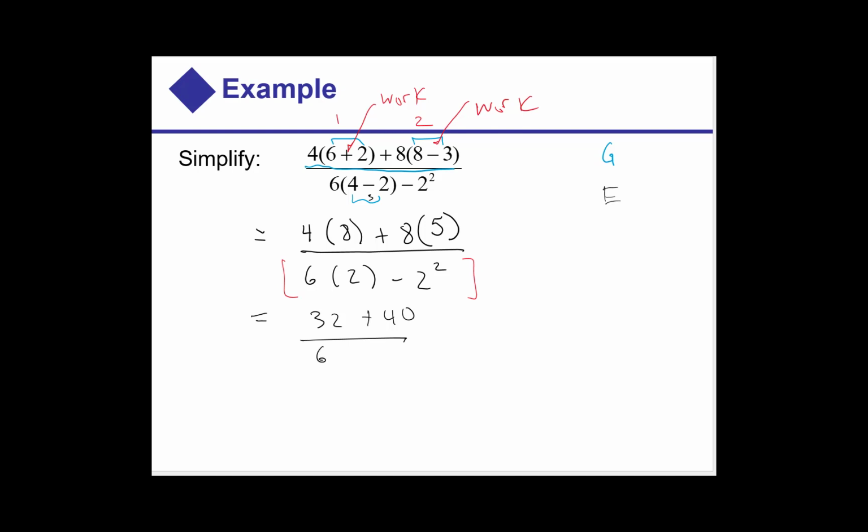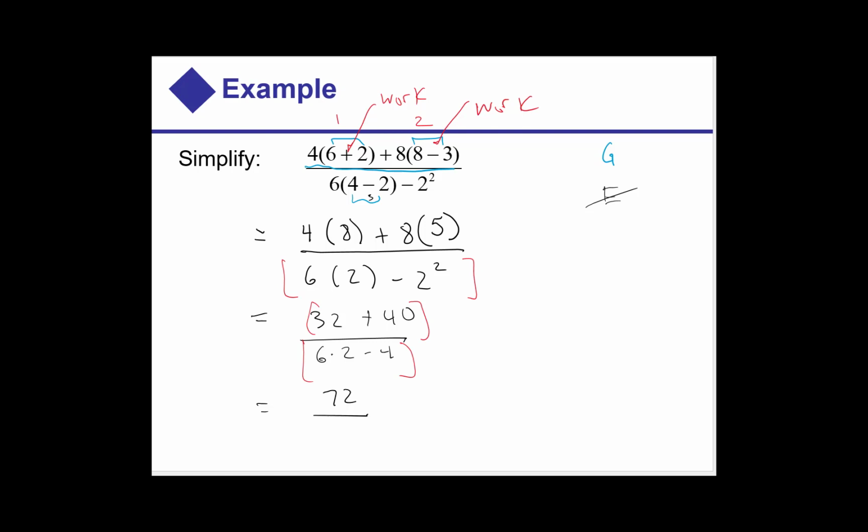So we'd have 6 times 2 minus 4. The exponent's done. But I really haven't finished the groups yet because the top is a group. And once you get good at this, you'll see a couple of short cuts we can make where you can skip steps. But let's see, we got 72.